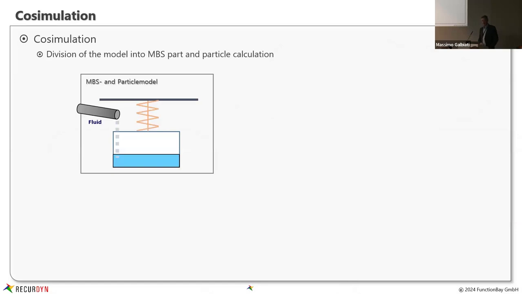Okay, now we have all the ingredients to start our co-simulation. This co-simulation was explained a little bit by Riccardo. A simple example is we have some kind of vessel, put some water or whatever fluid inside, and connect this by a spring damper system. So then we have all the typical degrees of freedom inside.